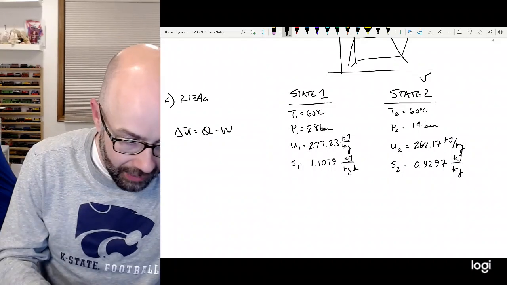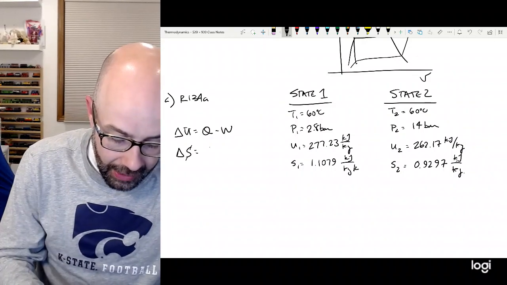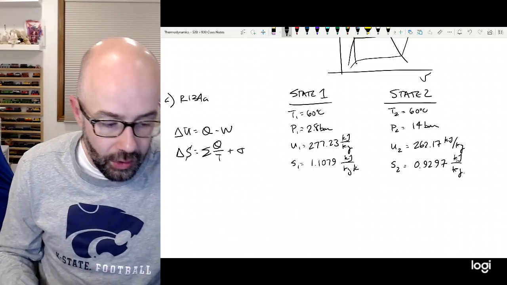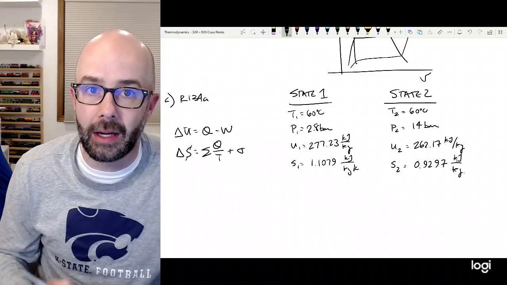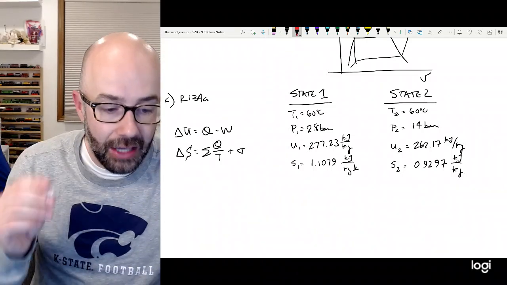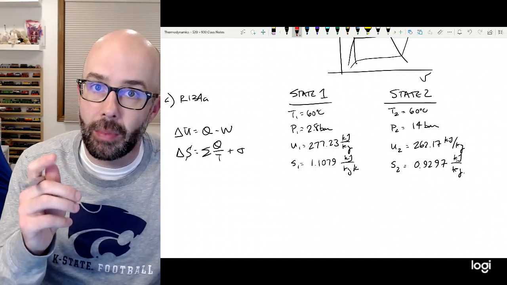And we're going to have that the change in entropy is equal to the summation of the heat transfer over the temperature plus sigma. So those two equations are going to be applying here, and we can go look into the problem statement and say that they said this is isothermal, which we don't do anything with in our equations, but it said internally reversible process.